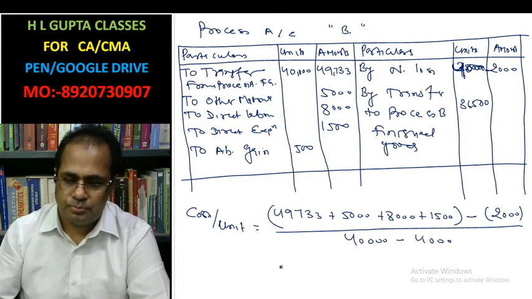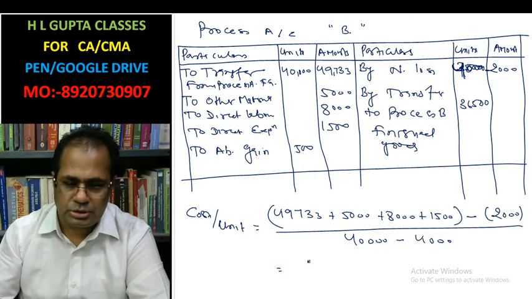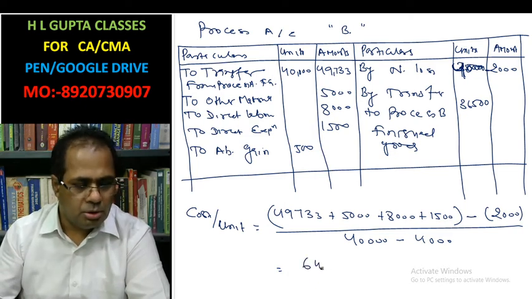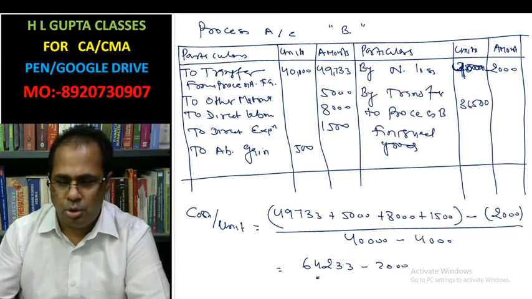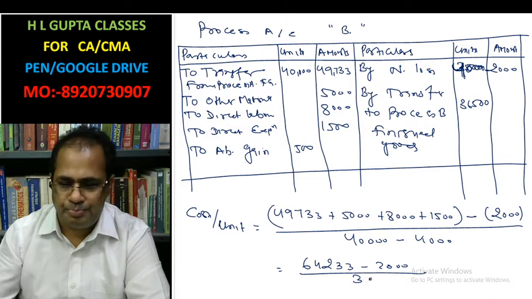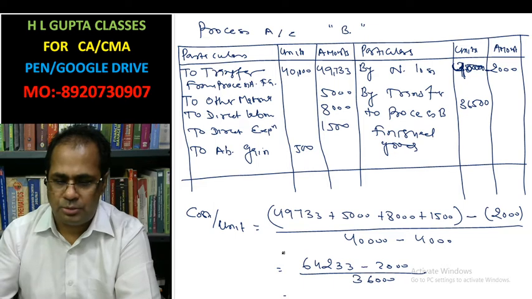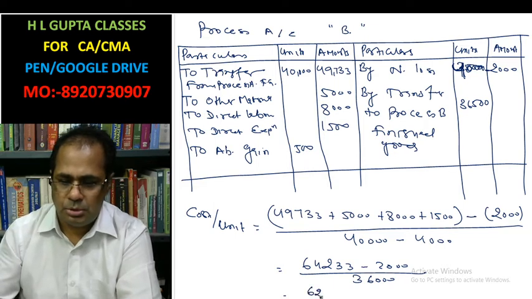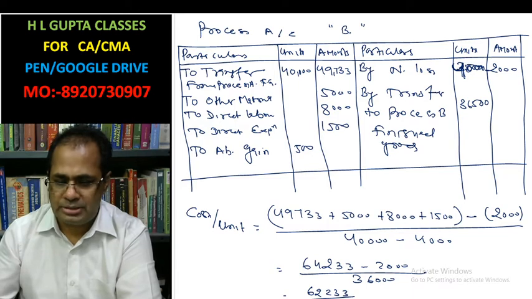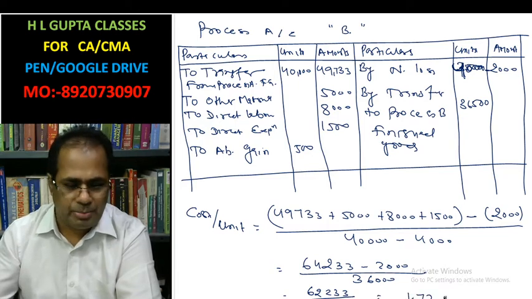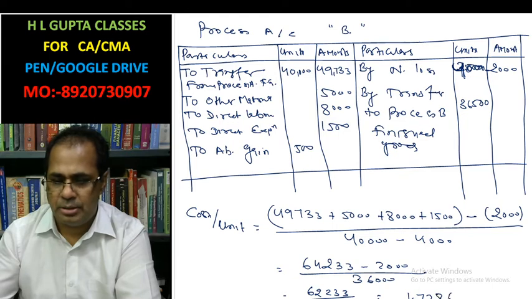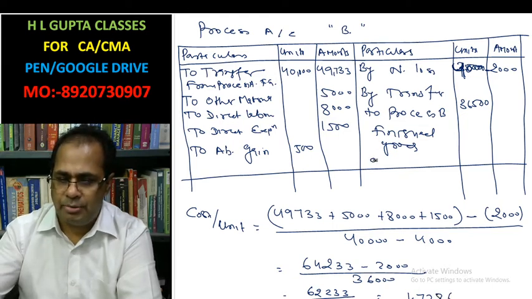This is 64,233 minus 2,000, whole divided by 36,000. This is 62,233 by 36,000, which is 1.7286.